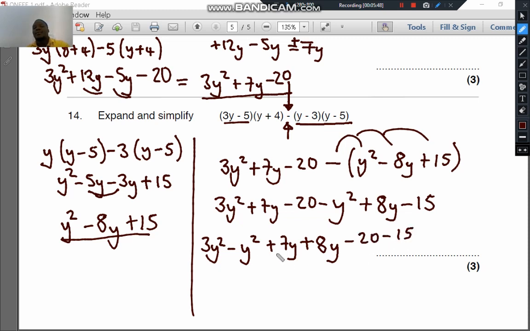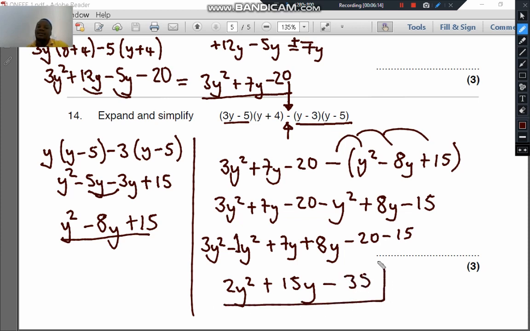Then from there we simplify. 3 minus 1 gives us 2y squared, okay? 7 plus 8 gives us 15. So this is plus 15y, okay? And then negative 20, negative 15, the same sign, we add them, so this gives us negative 35. So this is the answer to this nice question here.